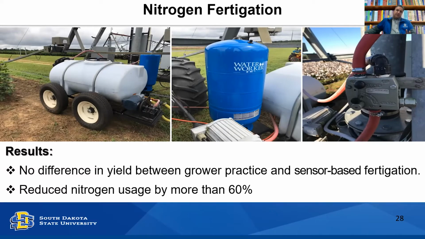For example, if you want to apply 1 inch of water for the entire field, you can still change the nitrogen fertigation to apply different rates on a uniform irrigation application if you have a separate fertigation system.